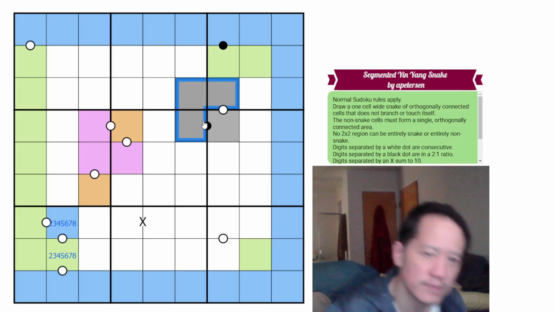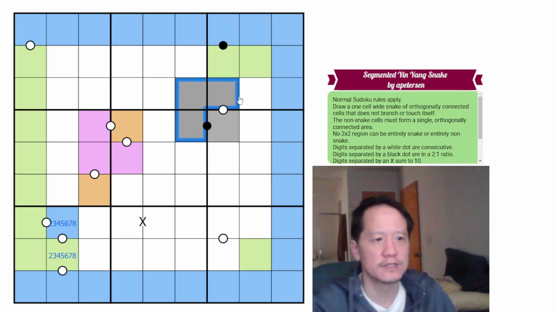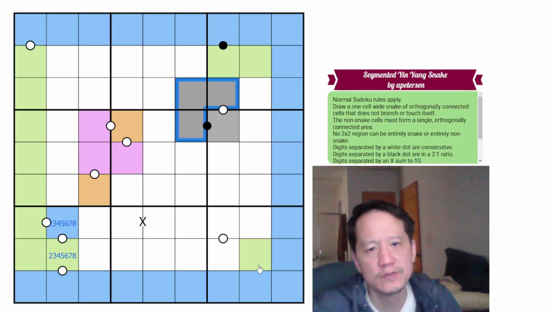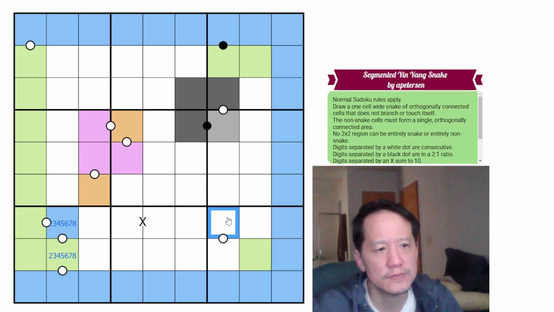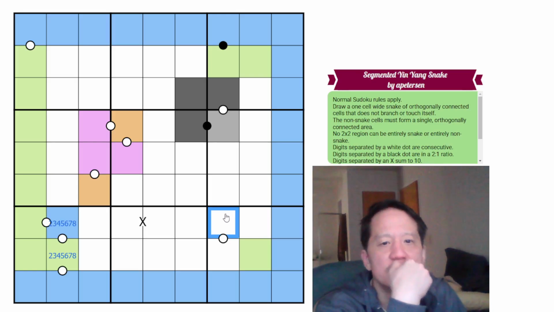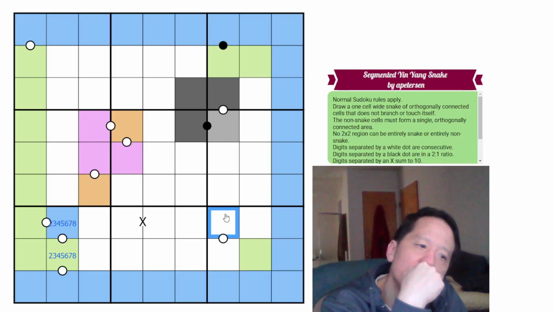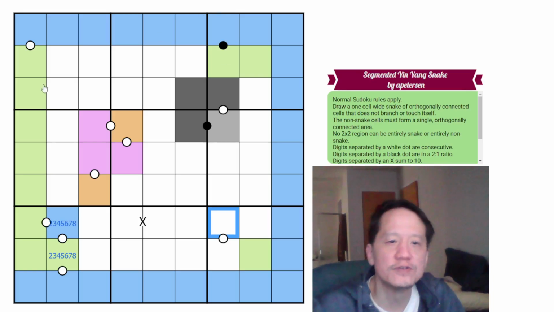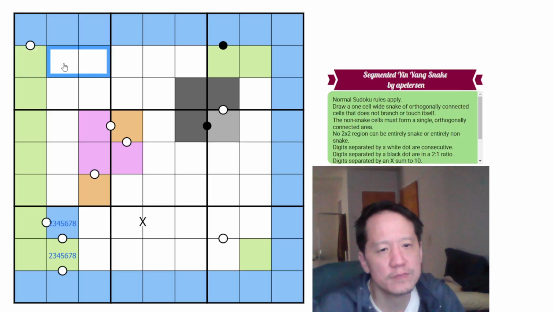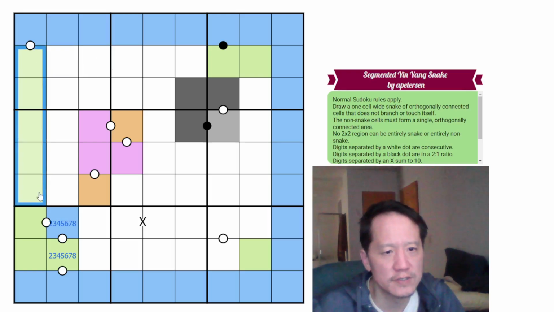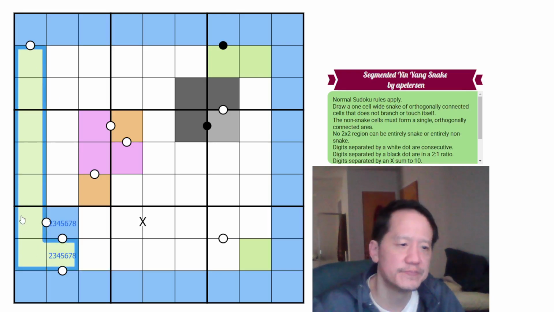Right. We don't actually have a guarantee that the snake continues. Well, one of these two has to be. It just doesn't have to necessarily... It could stop here. Right?